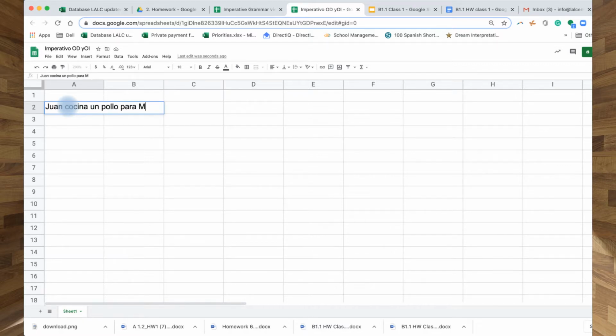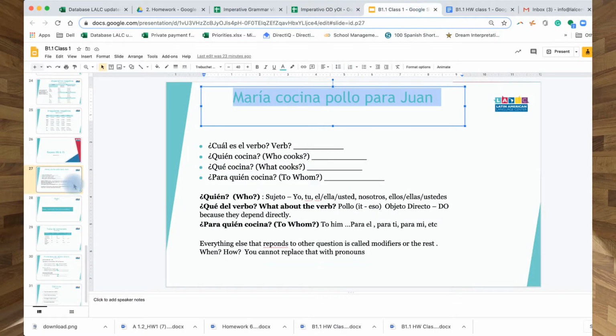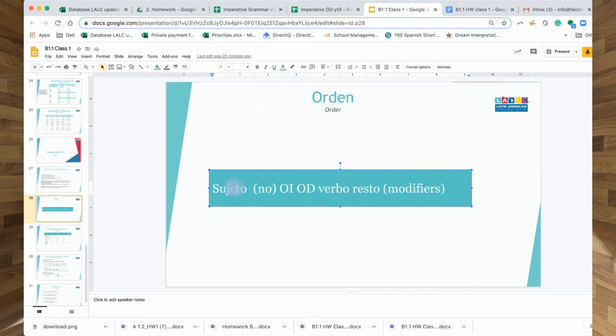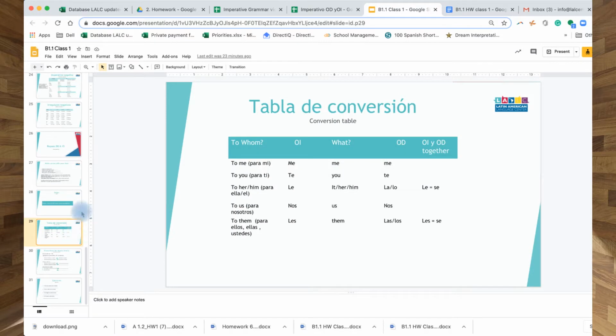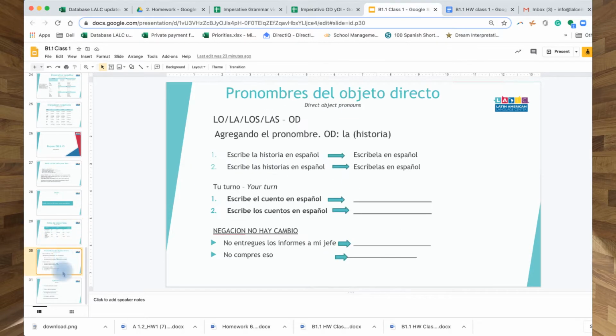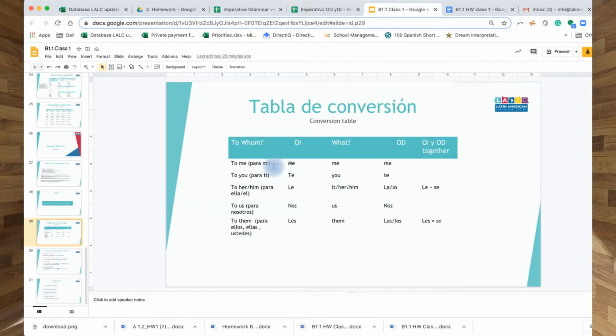So direct object and indirect object, you need to know the order on how you convert and you make it shorter, and you need to know the table of conversion, or tabla de conversión, which is this one, and I will show you why. Entonces, and also you have to ask yourself these questions.